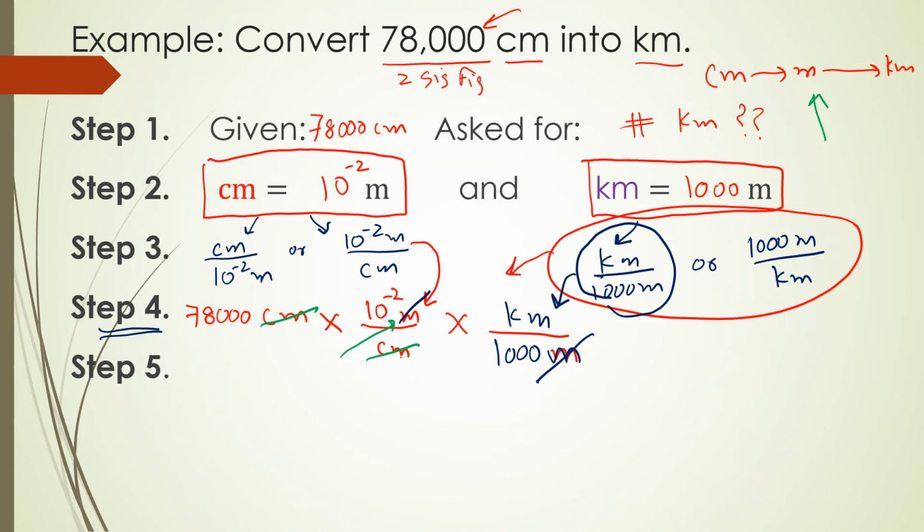Step number 5 is just multiply all of them, and divide and figure out the answer. So when we multiply all these numbers, the correct answer will come out to be, let me use my calculator. I don't want to get the incorrect answer.